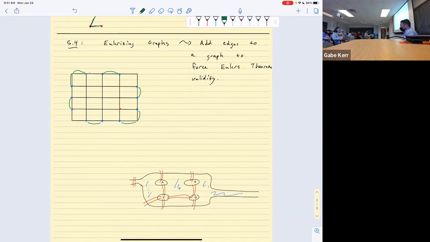Okay. So now what I've done is I've added a bunch of edges to my graph. I didn't add new edges where there weren't ones before, so I just made certain edges multiple edges. But now, if I look at this graph, does it satisfy the condition in Euler's theorem? In other words, is every vertex even?